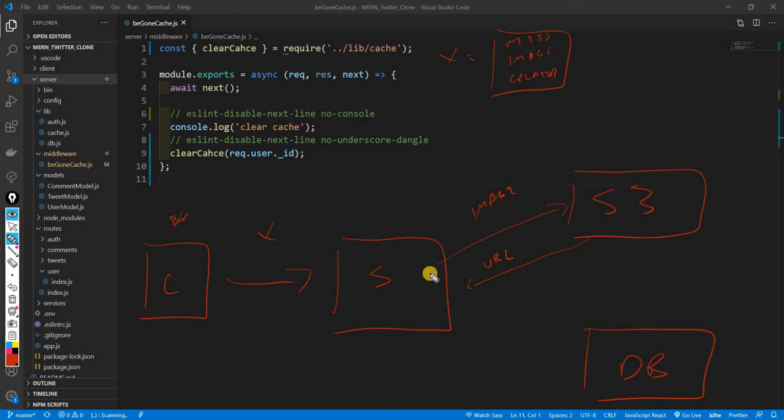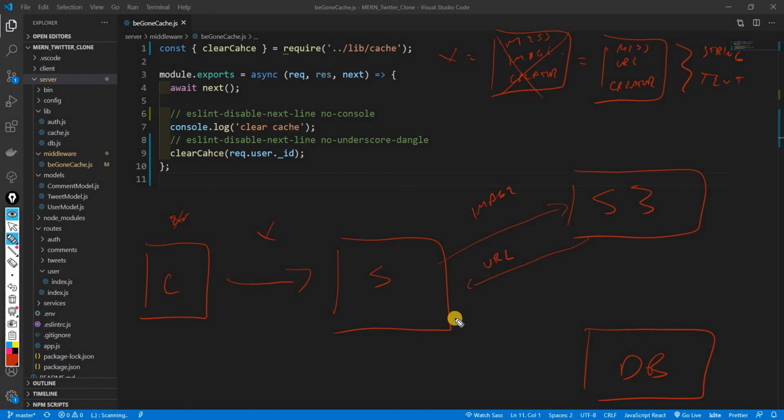Now instead of X being that, X is still going to have the message, but instead of the image it's going to have the URL, and it's also going to have a creator. All of this is still a string type, or just text.